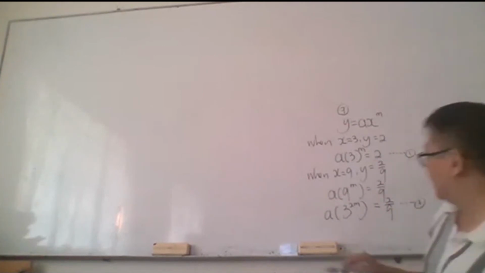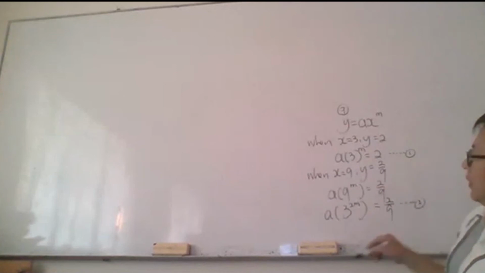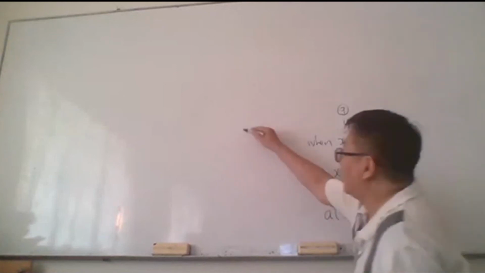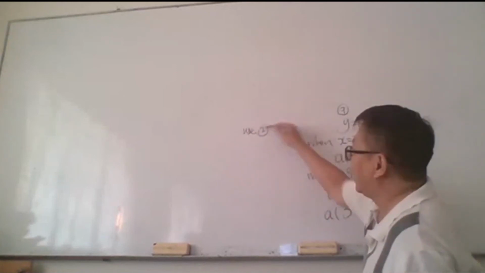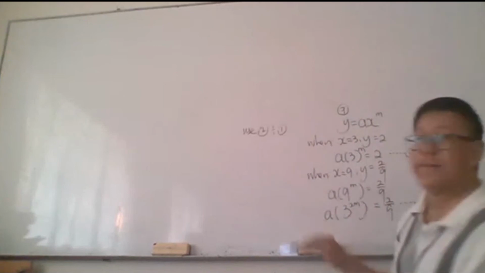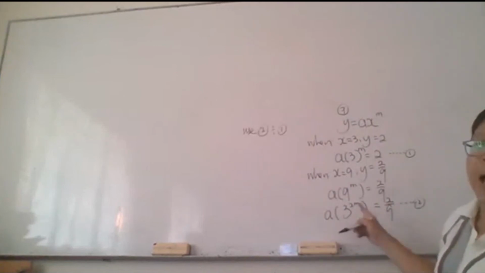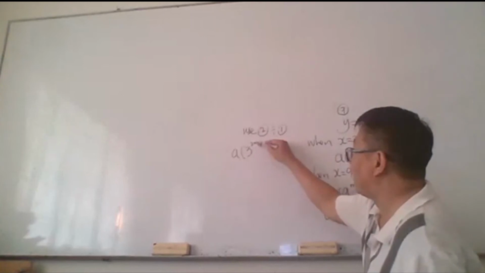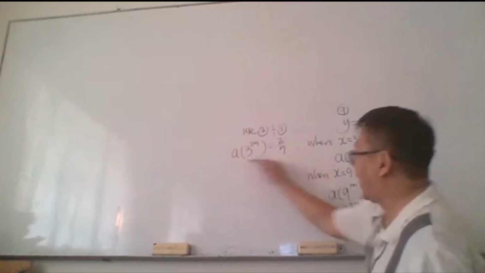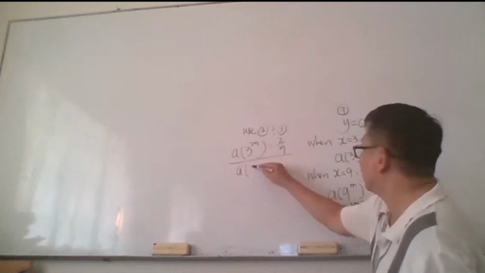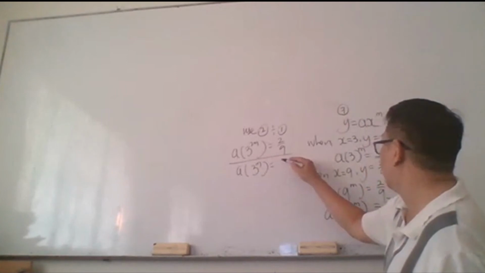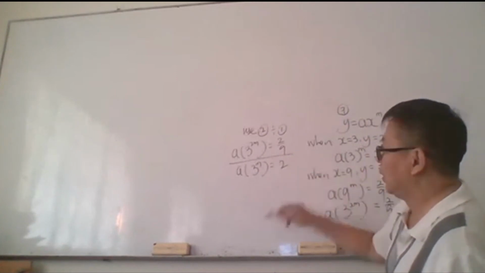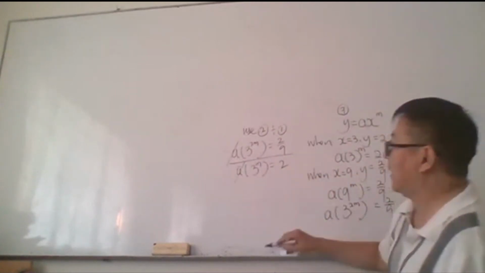In order to eliminate the value of a, I will use the second equation divided by the first one. Usually the highest power on top. Like a times 3^(2m) equals 2 over 9, divided by a times 3^m equals 2. Here we can eliminate a.